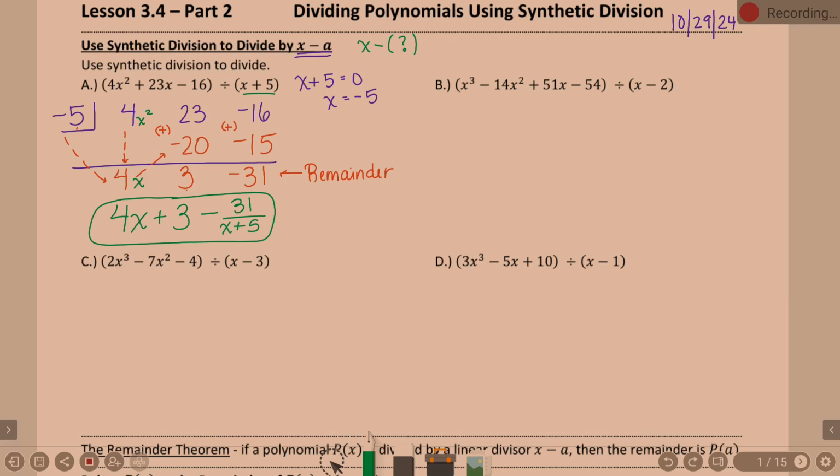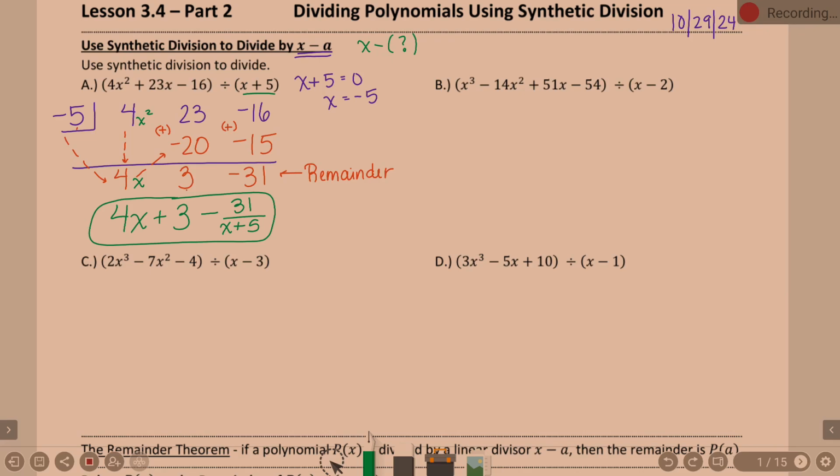Since this is x plus 5, that's the same as saying x minus negative 5. The easiest thing to think is you're always going to be using the opposite sign when it's in that form of x plus or minus there. Okay?